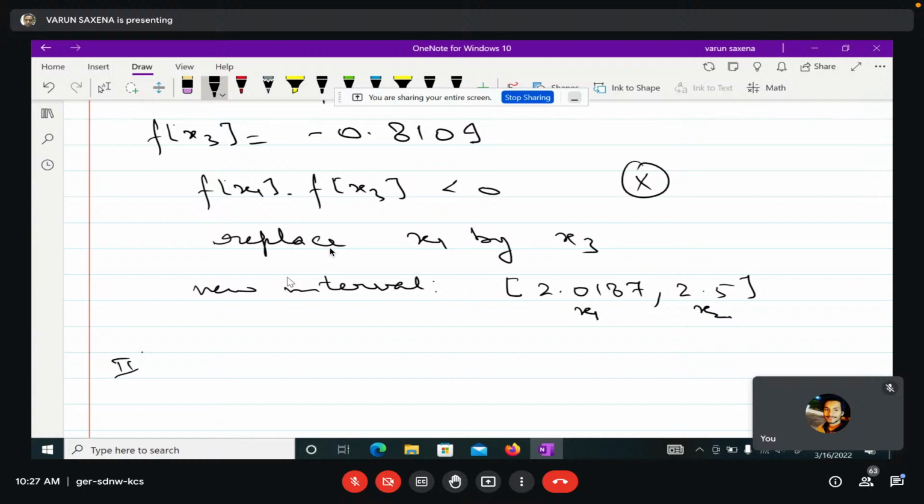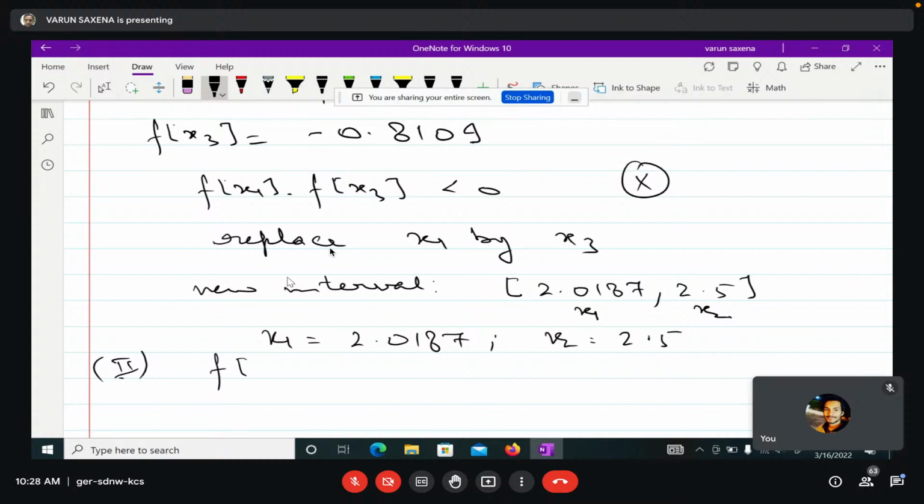Second iteration. I'm just going to do one more iteration and then we'll probably end the class because I have some work. But you can continue this way and I will give you the correct answer also, so that when you try it, you should be able to get it. All right. So now we are starting with x1 as 2.0187 and x2 as 2.5.